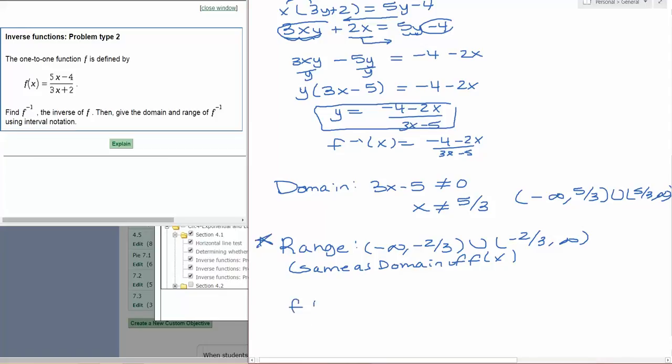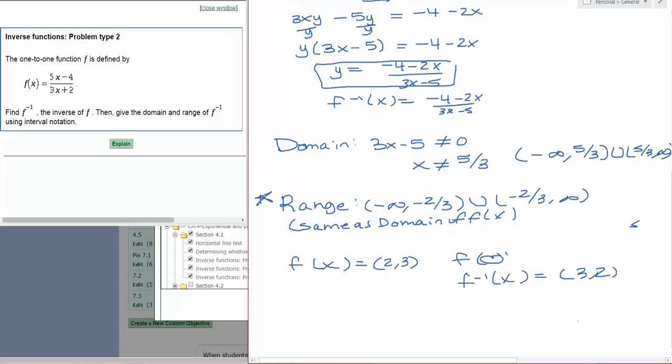So when you have your original function f of x and your new function f inverse of x, some properties are the ordered pairs. Like if you have (2, 3), then the inverse ordered pair would be (3, 2). So the coordinates of the original function get switched around for the inverse.